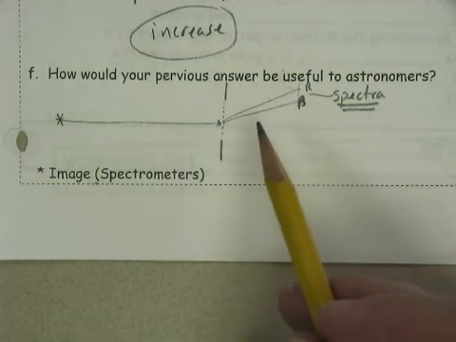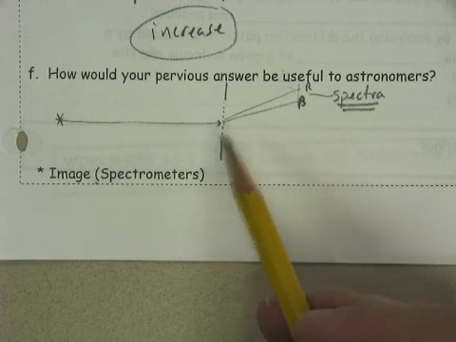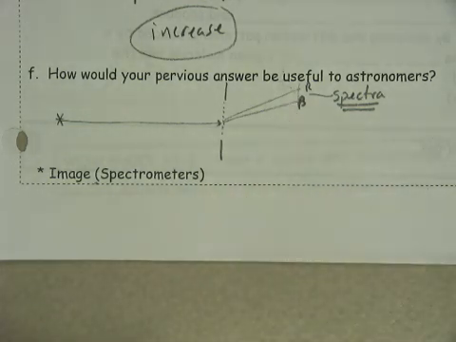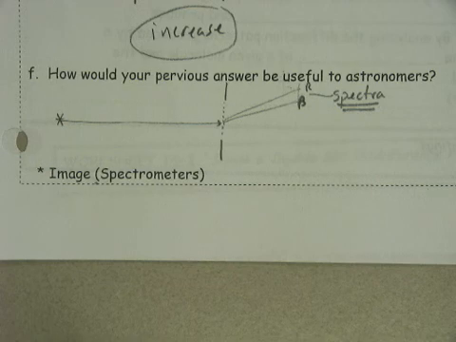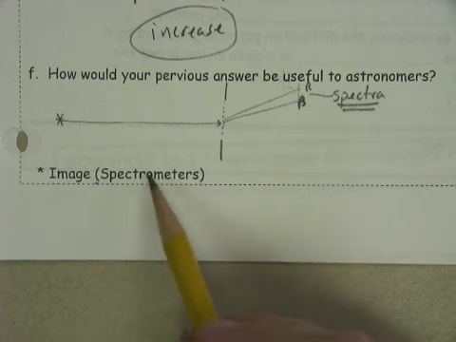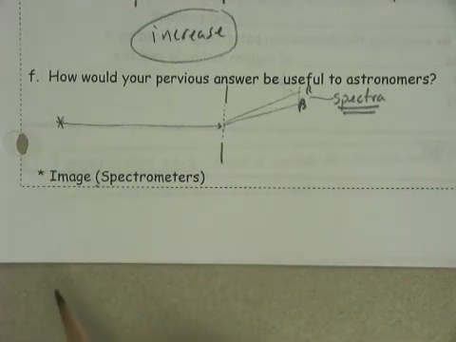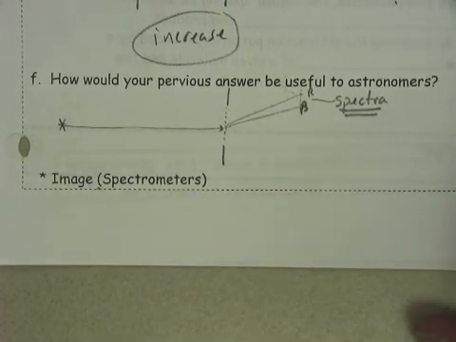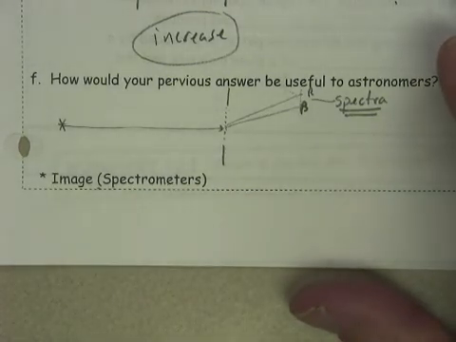Instead of using a prism, we use a diffraction grating to split that light, and then we use that light to figure out what elements are inside that star. And that's pretty cool. So when we come back, probably Thursday, we'll go through it, because we'll do the lab on Tuesday and Wednesday, and I'll show you how that works with astronomy.